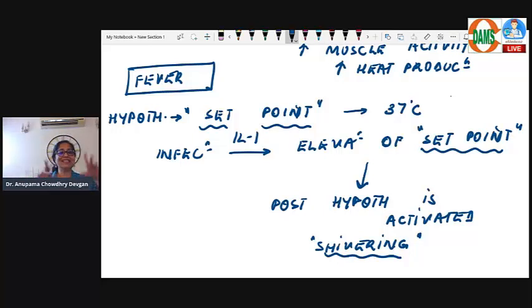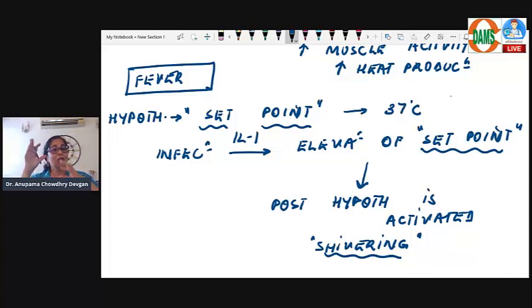Please remember, there is a set point. This is normal, 37 degrees Celsius, which the body will always try to maintain. Whenever there is infection, because of release of interleukin and prostaglandins, there is an elevation of the set point. Now the new normal for the body is 40, so the posterior hypothalamus is activated, and that sets into motion mechanisms to gain heat, and shivering is commonly seen.